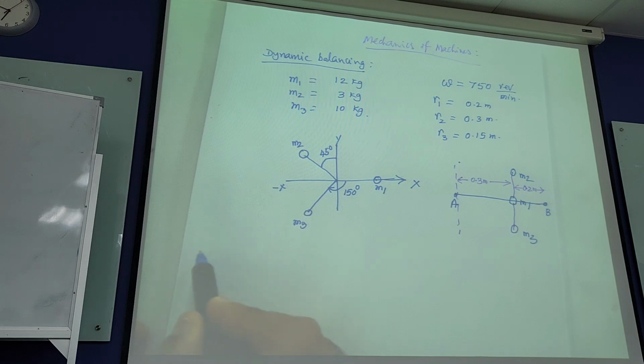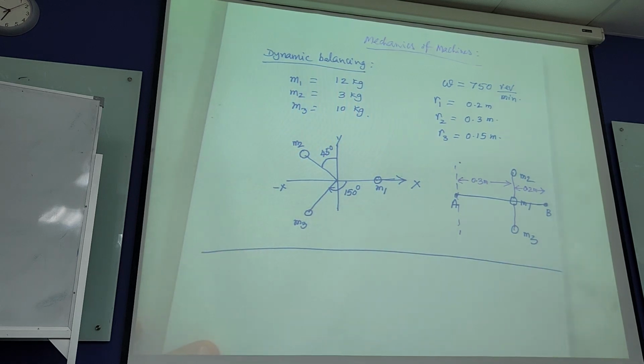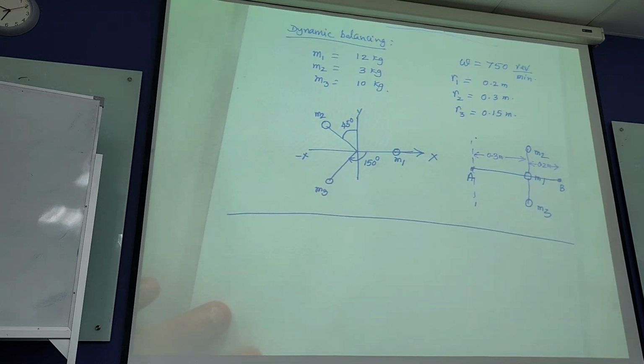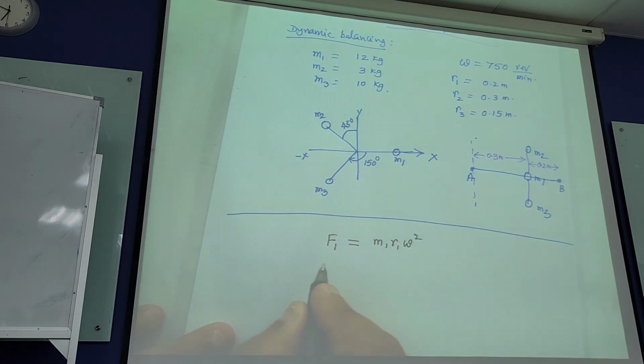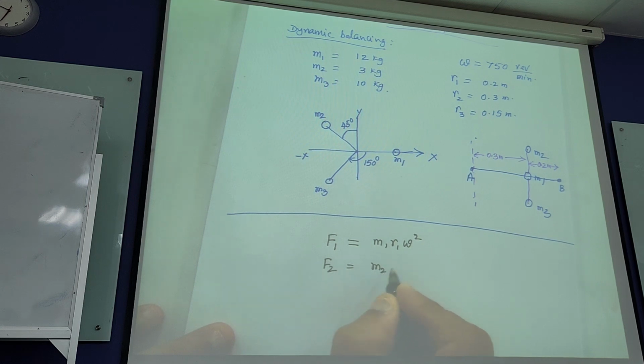Okay, so now what we can calculate? So we can calculate the forces acting on the three masses. So we can calculate what is F1, F2, F3. The force acting on mass 1 is M1, R1, omega square. So similarly, F2 we can calculate M2, R2, omega square.